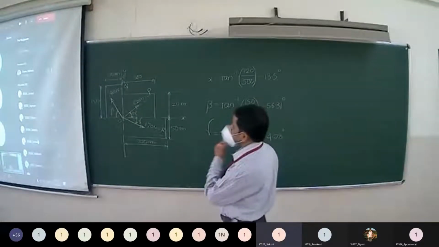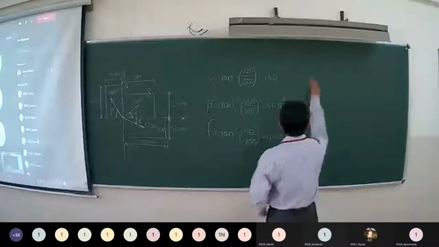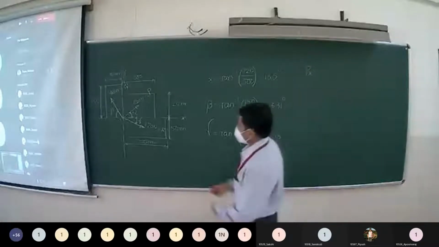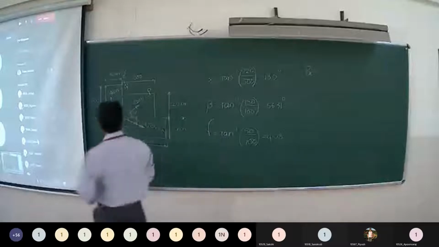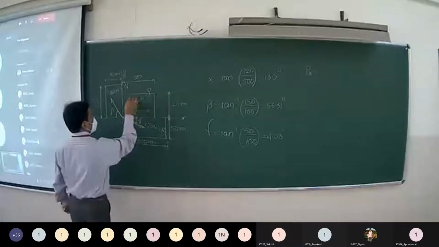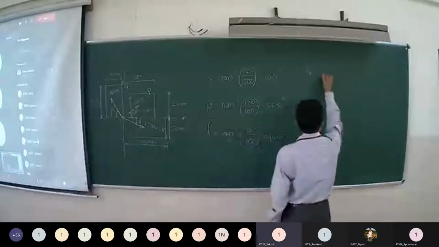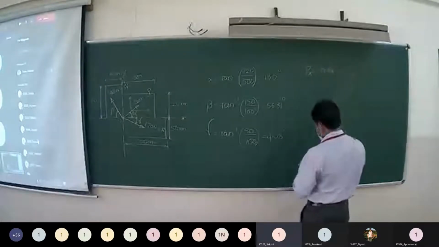Now you can easily find out the x and y components. For force P, what is the x component? P is making an angle alpha with respect to x-axis. So x component is positive. See the directions. X is positive, y is positive. So Px is equal to P cos alpha.